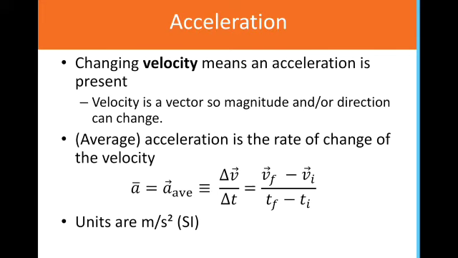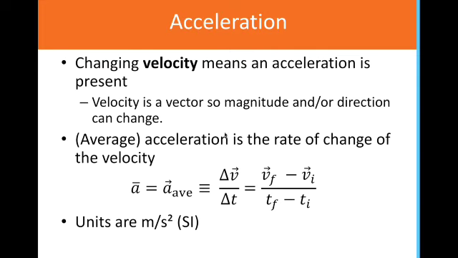And the average acceleration, once again we're dealing with an average, is the rate of change of the velocity. So we define it in a very similar way to how we define the velocity. The velocity we define as a change in the position, and now the acceleration we define as a change in the velocity.